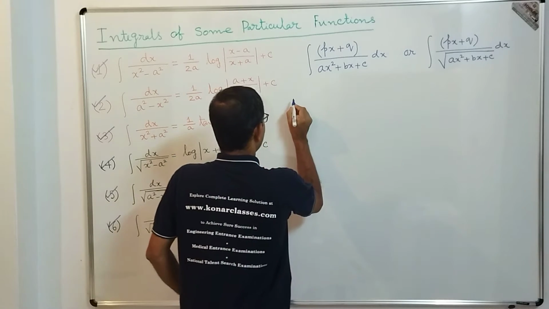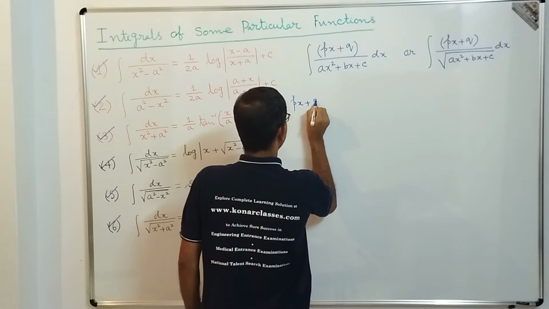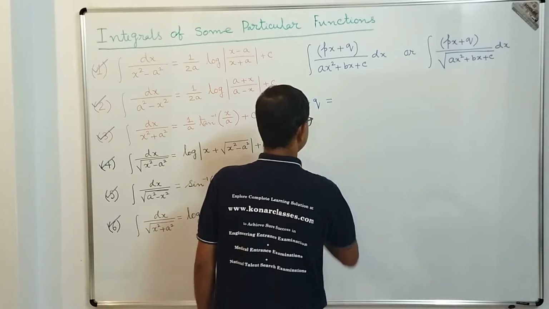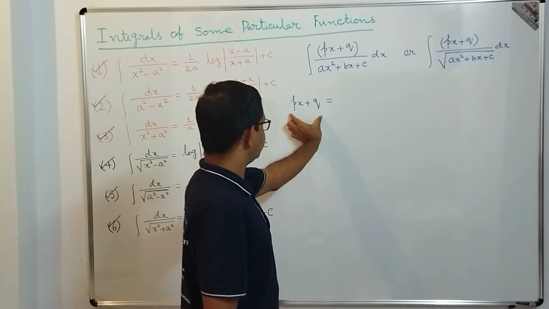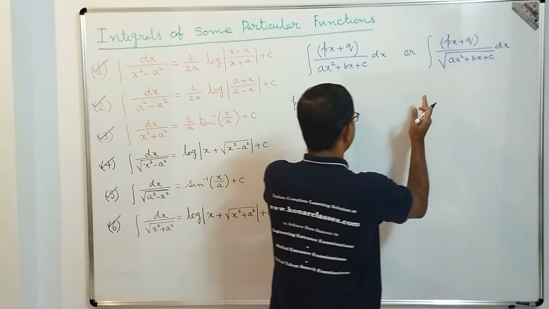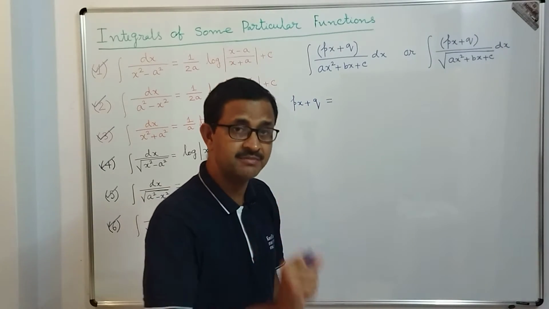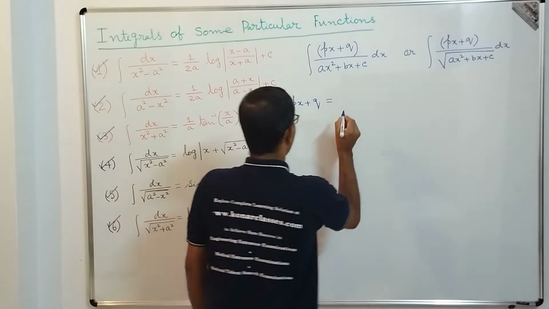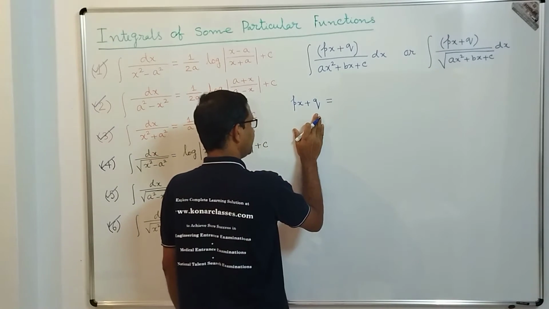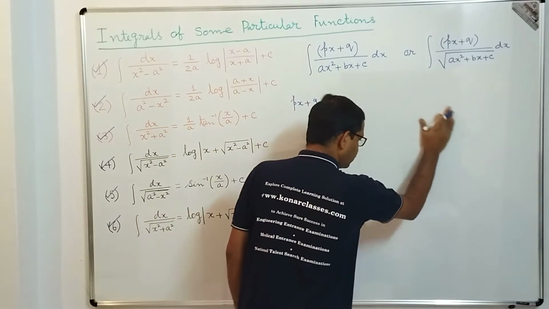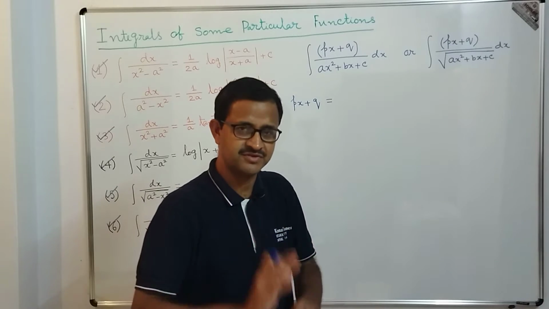Now, on the left hand side, px + q is a linear expression, so we can equate it with a linear expression on the right hand side, and then it becomes an identity. What I mean is that if there is px + q on the left hand side, the right hand side should also be some constant times x plus some other constant.